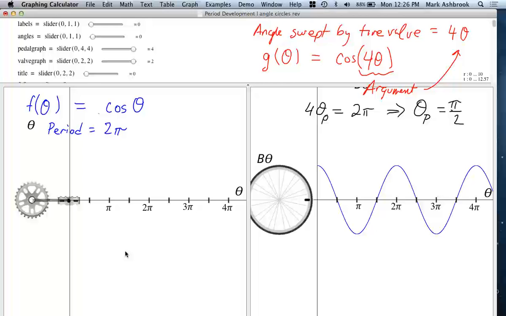So when I start drawing the G function, what will it look like? So see if you can sketch that right on top of the function of f that you sketched there in the middle of the page. When I'm going to start rotating the pedal, and the tire valve graph for G is going to start being swept out, or being plotted, what will that look like?